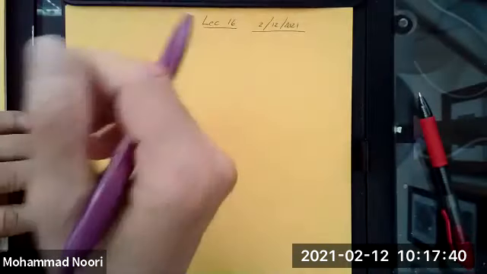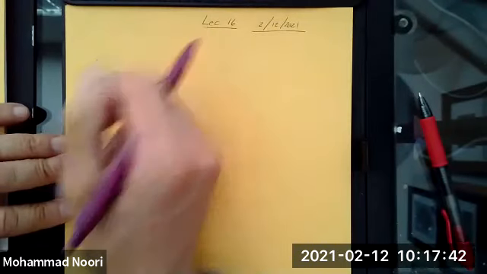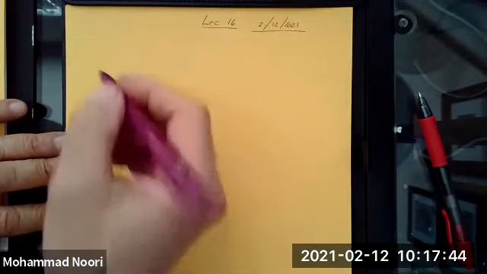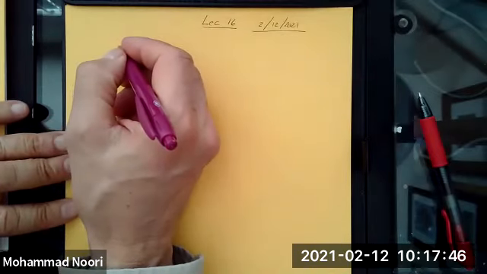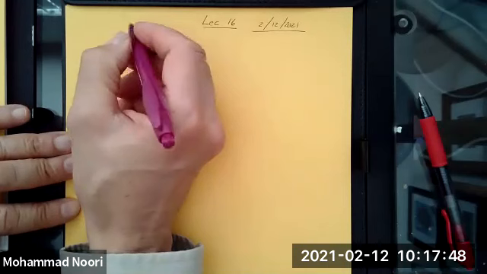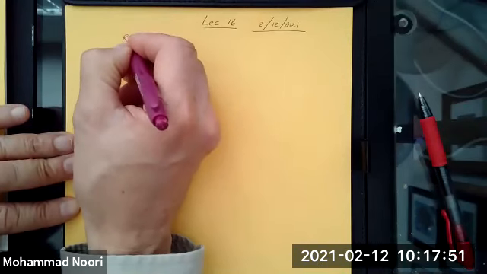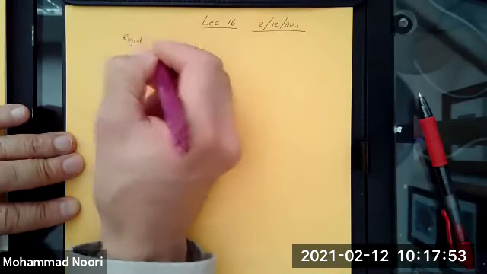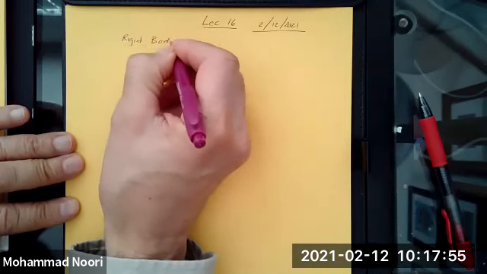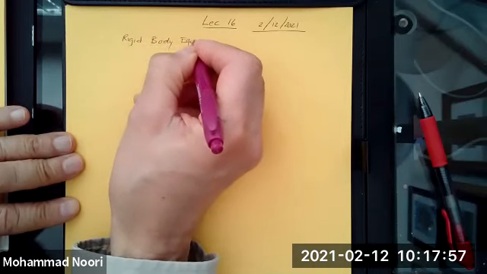Then we moved to equivalent systems. And then the last topic, before we got into the centroid and moment of inertia, which was kind of a detour, we discussed was rigid body equilibrium, okay?